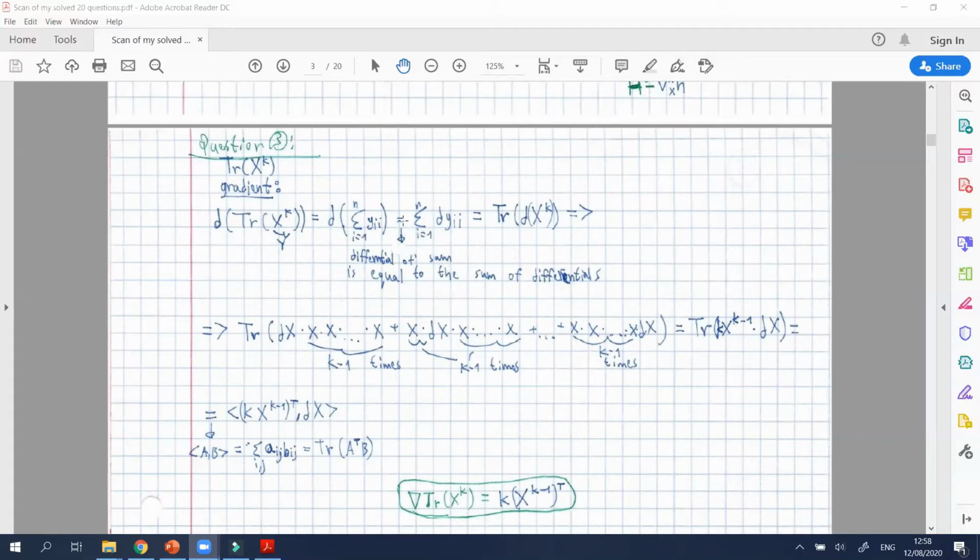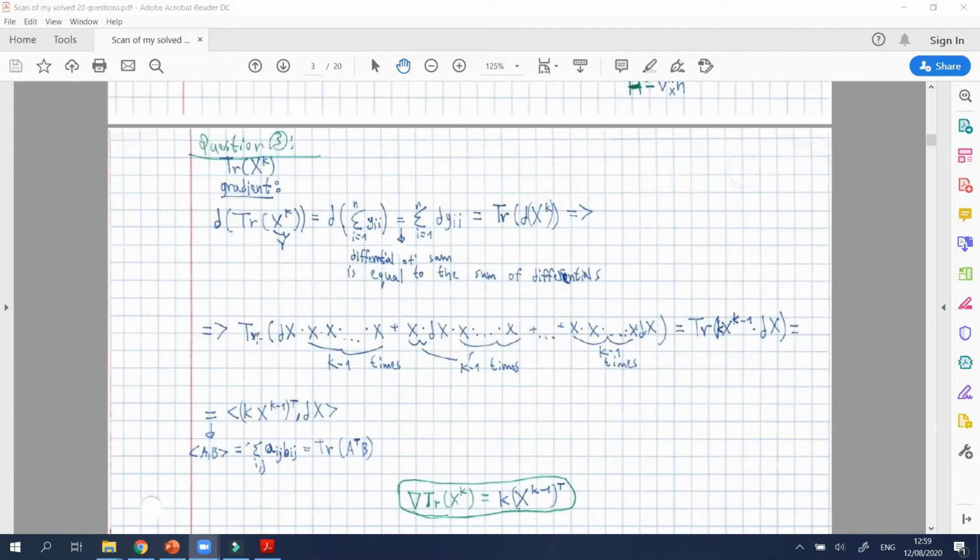That's why we can move the differential inside the sum. And by using the same logic and definition we used at the first transition, the differential of trace X to the power of k is equal to the trace of the differential of X to the power of k. We can actually differentiate before we use the trace function.